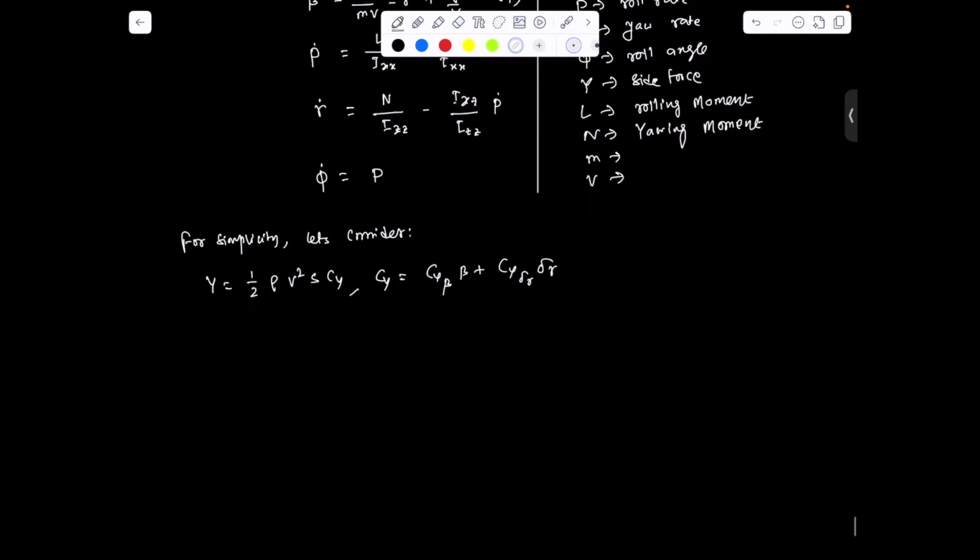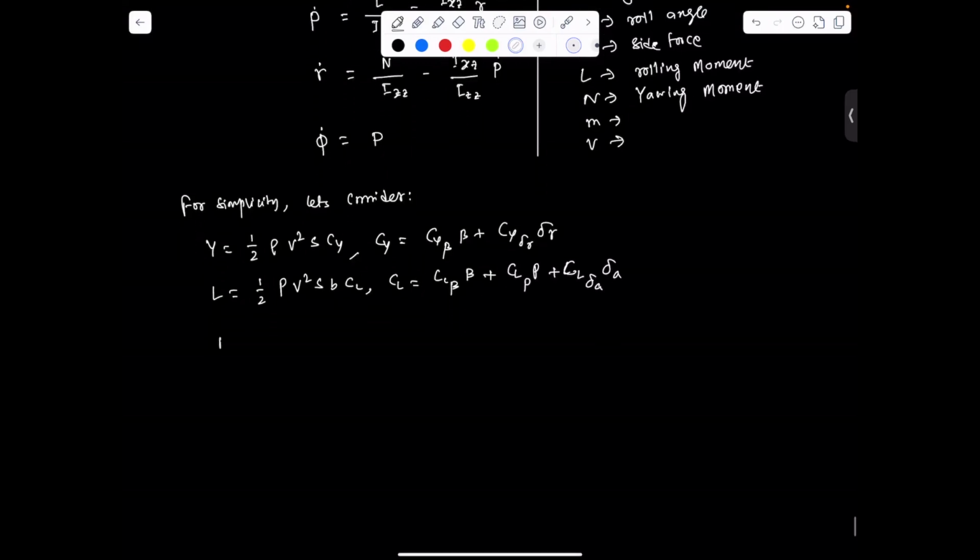Also you can define L equal to half rho V square S b CL, and here CL we can write CL beta beta plus CL p p plus CL delta A delta A. And N you can define as half rho V square S b Cn, where Cn we can write Cn beta beta plus Cn r r plus Cn delta R delta R.